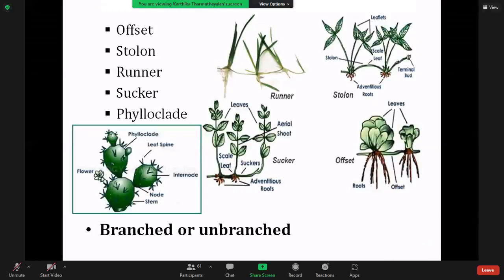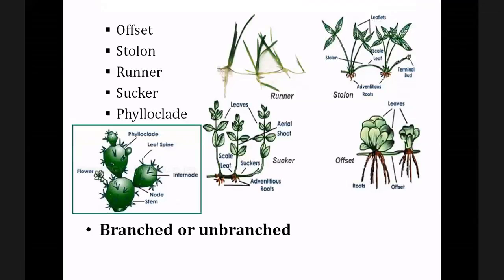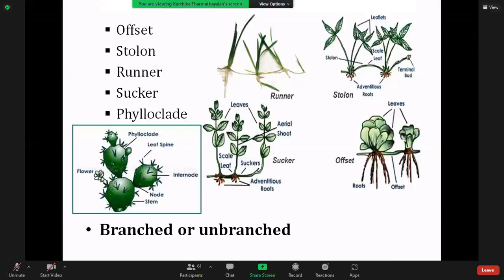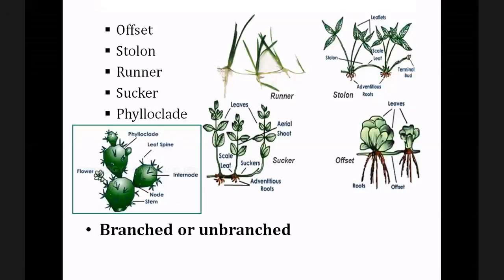The next stem modification is the offset. These four are the underground stem modifications. The offset is a subaerial stem modification. Here they have only one internode.